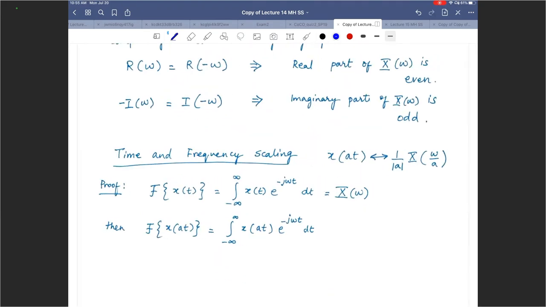Let us next look at time and frequency scaling. This is also a very intuitive property, because if you make things slower in time, they become more and more focused in the lower frequency regions.